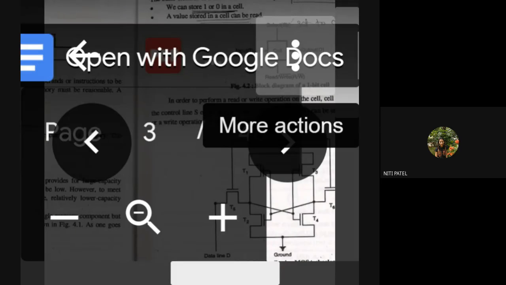So if you see figure number 4.2, block diagram of a 1-bit memory cell. Now how is your memory working? You have four things: input, output, select line, and read write line.